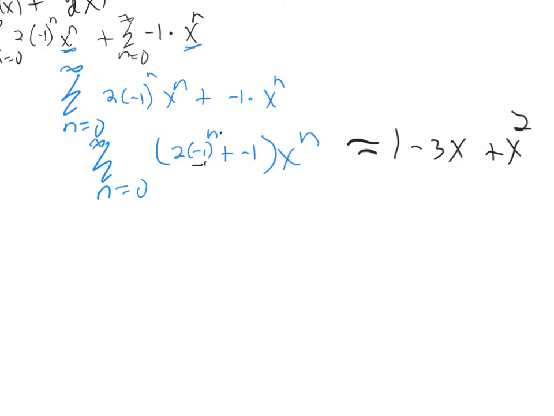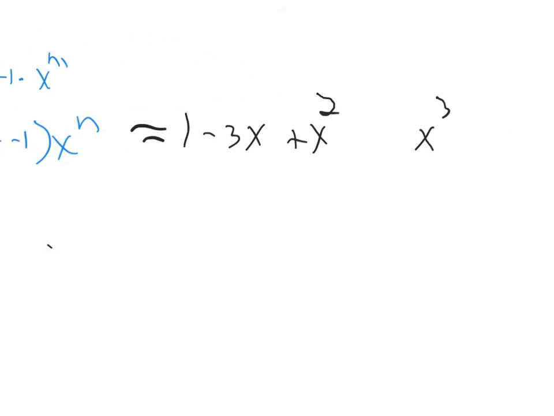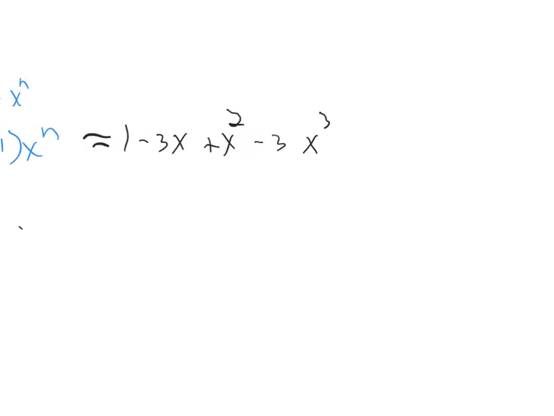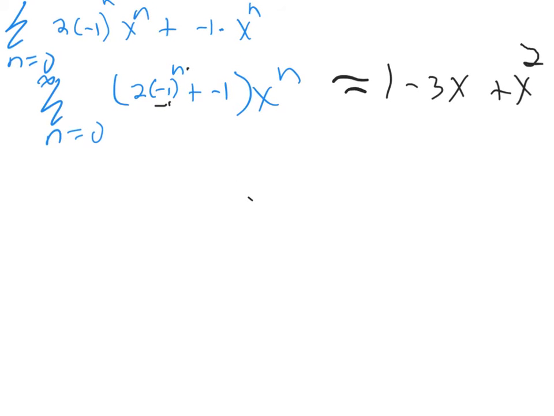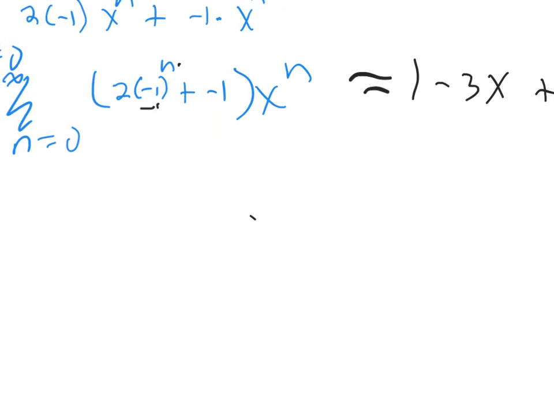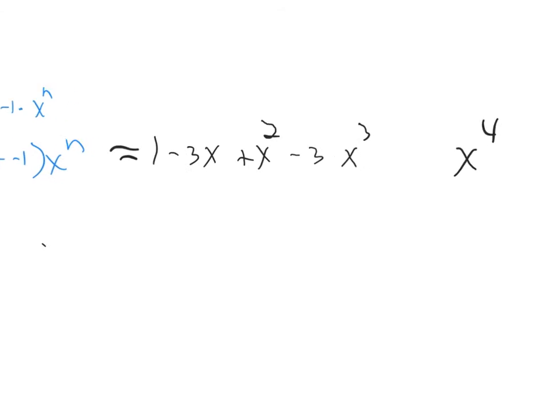Negative 2 plus a negative 1. It's a negative 3 again. Wow. So the next term we're going to have an x to the 4. So if n is 4, that becomes a positive 1 again, times 2 is 2. 2 minus 1 is still 1. It turns out just to be plus.